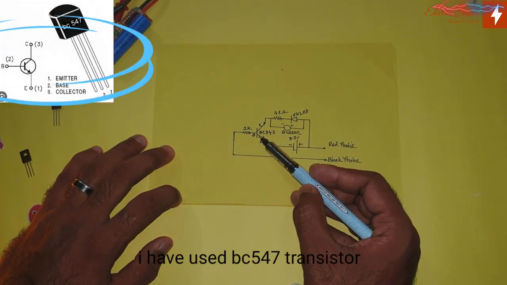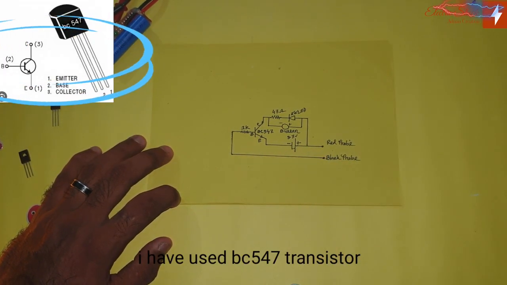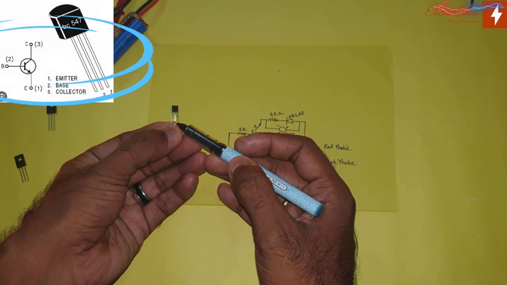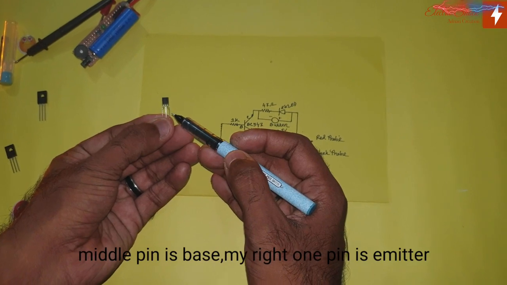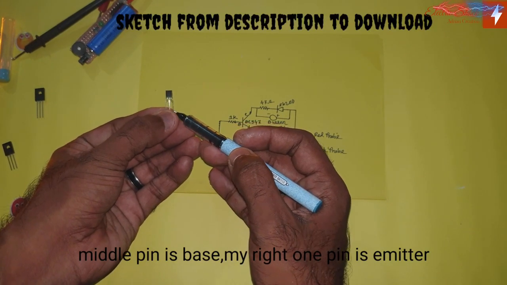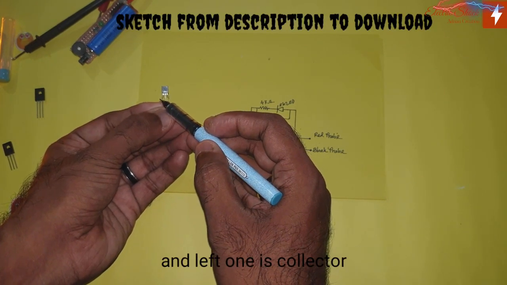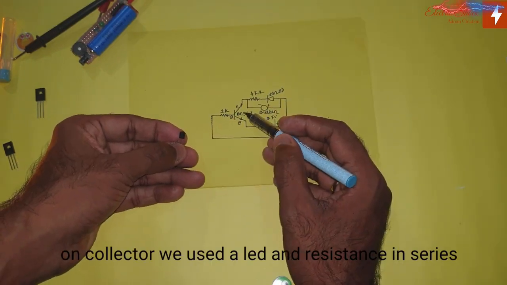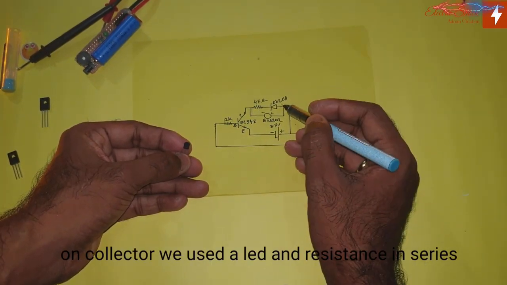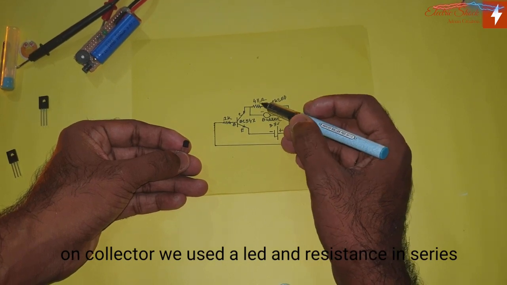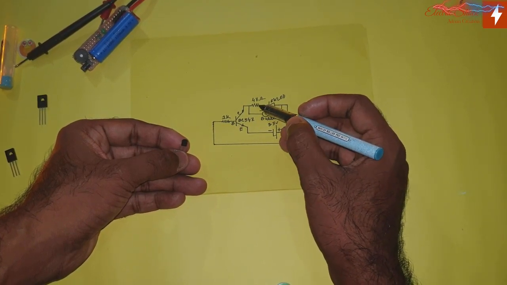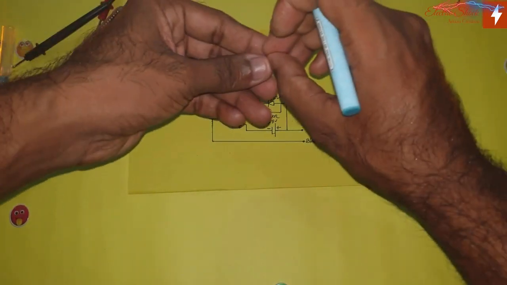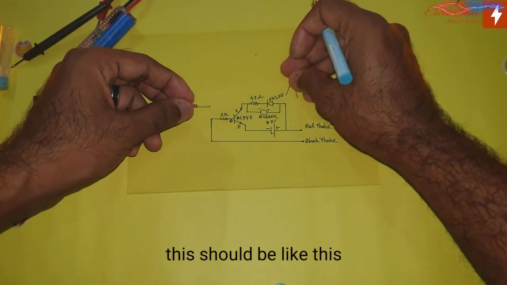I have used a BC547 transistor. This is the BC547 transistor. The middle pin is the base, the right one is the emitter, and the left one is the collector. In the collector we have used an LED, and in series there is a resistor.